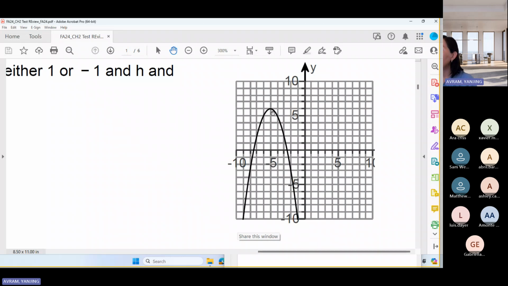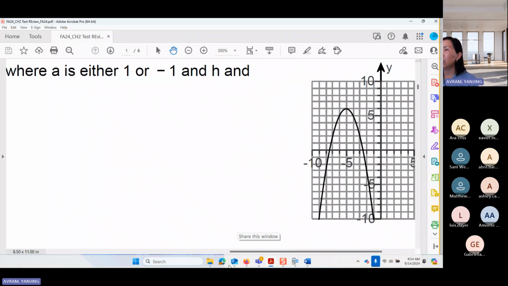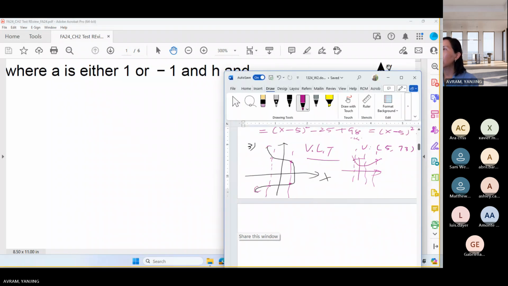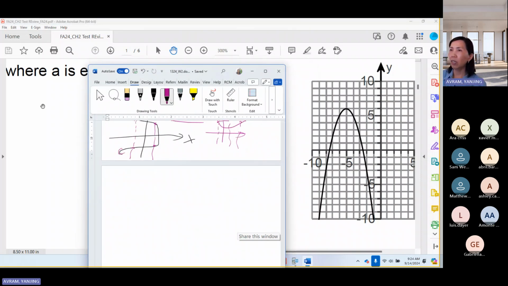And then the vertical one, 1, 2, 3, 4, 5, this will be what? 6. So my H is what? -5. Yes, H is -5.